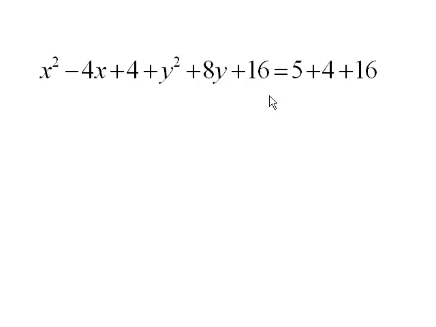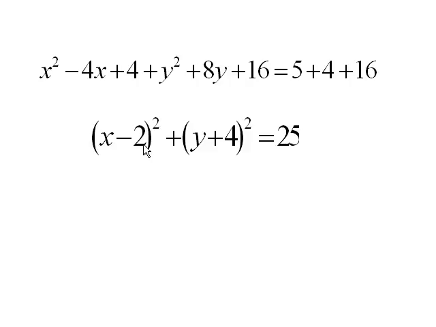We add 16 to both sides, and it's still an equivalent equation to what we started with, but it has the advantage of factoring. x squared minus 4x plus 4 is (x minus 2) quantity squared. y squared plus 8y plus 16 is (y plus 4) quantity squared. 5 plus 4 is 9, plus 16 is 25. So the constant term changed.